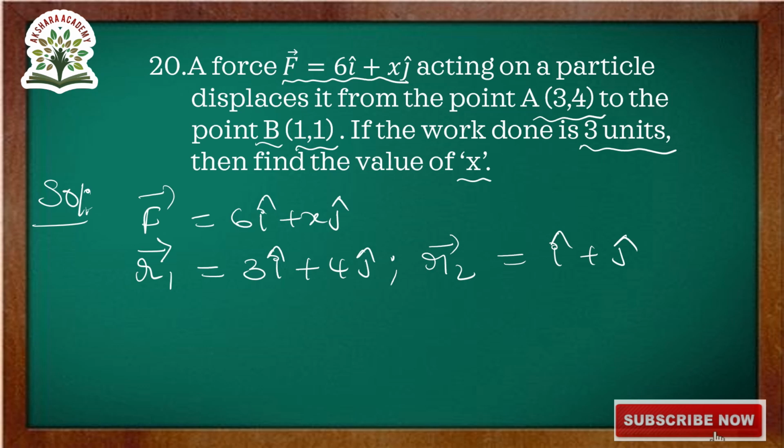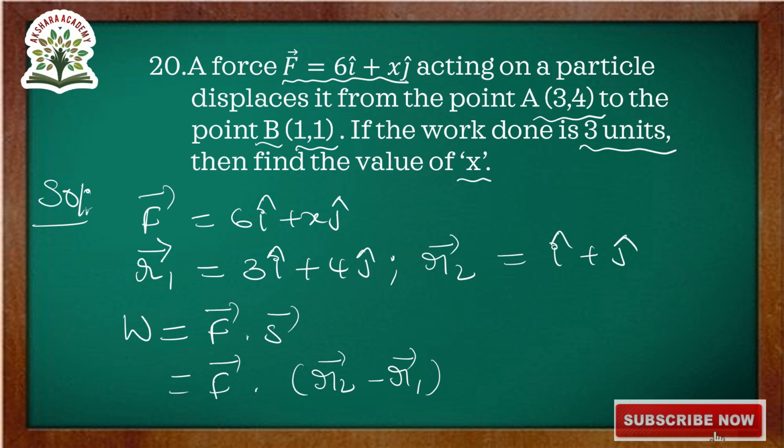Now we are finding the work done. Work done is equals to F bar dot S bar. This can be written as F bar dot R2 bar minus R1 bar. Next, W is equals to F bar dot R2 bar minus R1 bar.